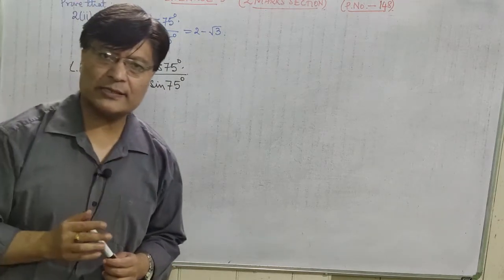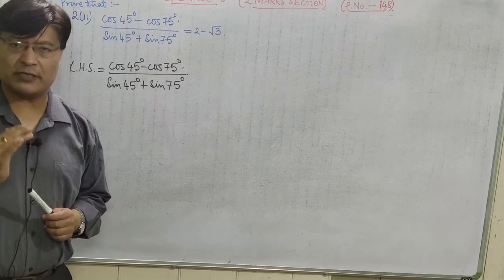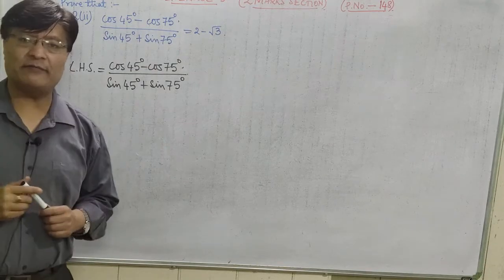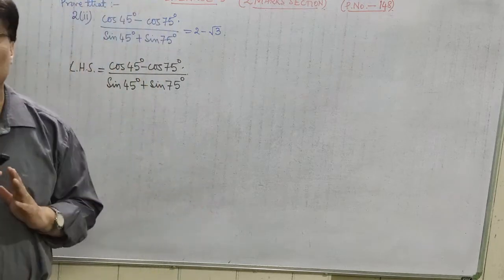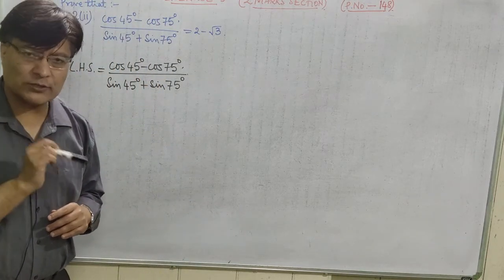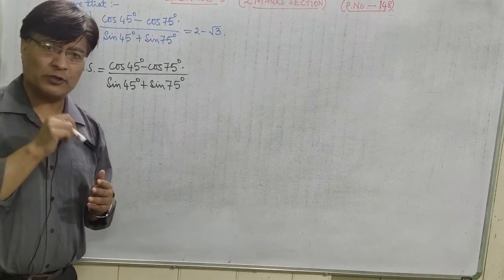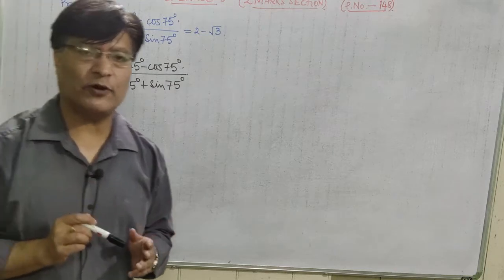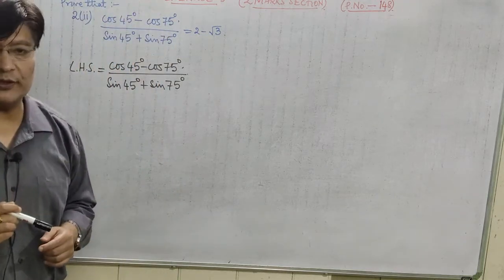Now in this case, cos 45 and sin 45 degree are given here, and you know that these are standard angles, but you cannot put the values of cos 45 and sin 45 degree here, because if you put the values, you won't get the answer 2 minus root over 3.